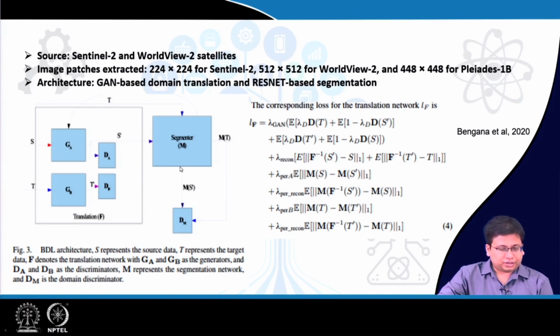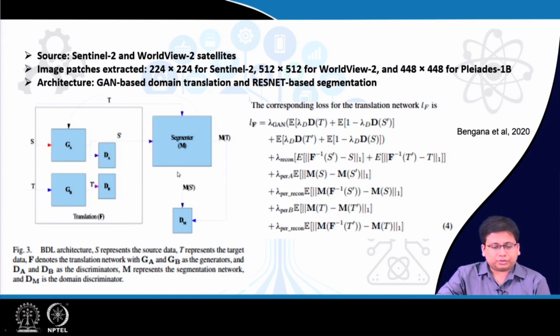the segmented image. They have this DM, which stands for the domain discriminator, which, given any image, informs which domain it belongs to, the source domain or the target domain. In this case, the discriminator is used once in the translation phase and once after the segmentation phase also, just to add a further level of security.